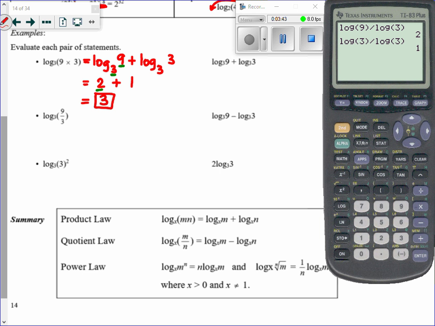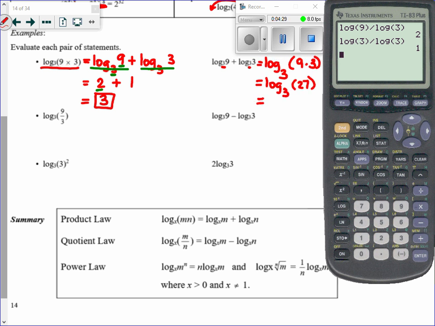Okay, let's see if we can apply the product law backwards this time. We were using it here: it was one single log, and we were expanding it and turning it into two separate logs. In this case now we have two separate logs, and we're being asked to combine them into one single log. We're still going to use the product law, because we know when we have two logs in the same base and they're being added together, that's the same thing as the log in that base, which was base 3, of 9 times 3, which would be log in base 3 of 27.